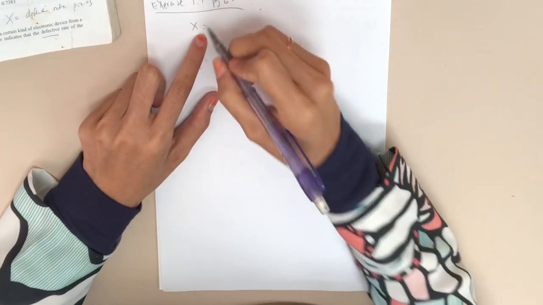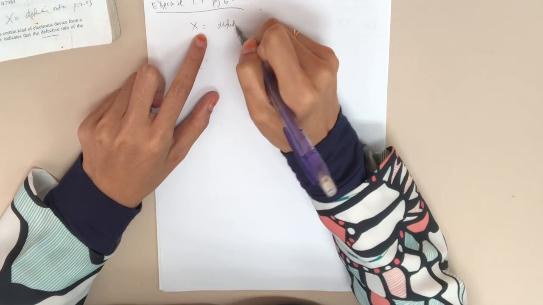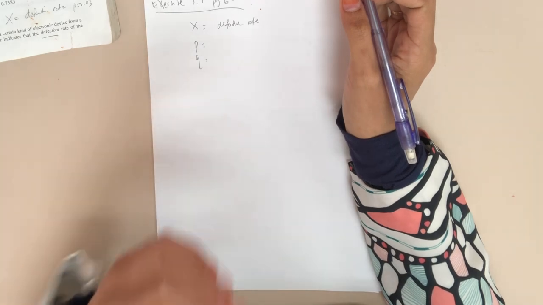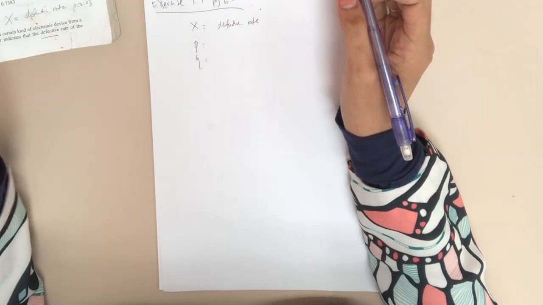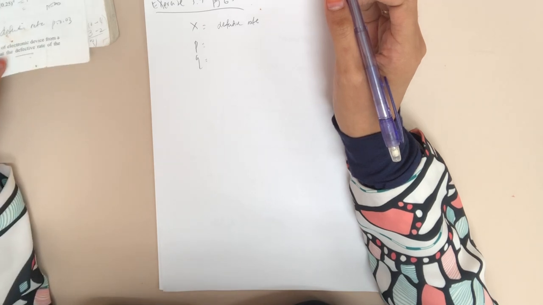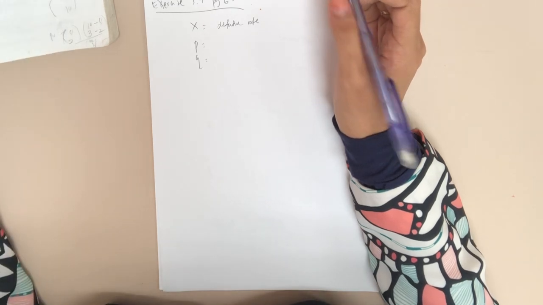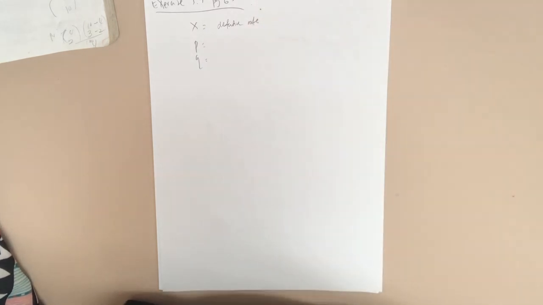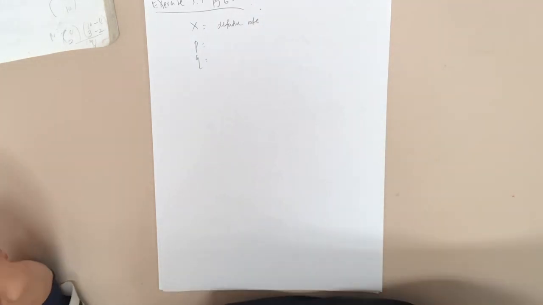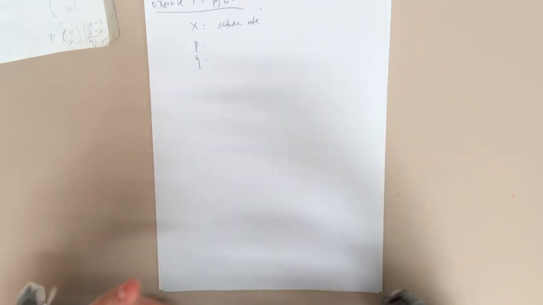So X means the defective rate. The thing that you want to observe here is the defective rate, and it says that the defective rate is 3%. So that will be your P, your success here. Even though a defect is not really a success, we follow it. It's just a term, so we use it as a success.